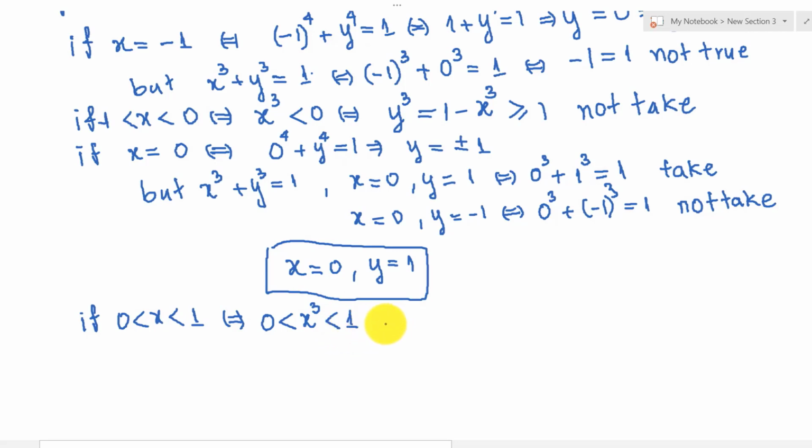Okay, then we get 0 is smaller than y^3 and smaller than 1, because if x^3 + y^3 is equal to 1, so this is smaller than 1 and this is smaller than 1. From this it means that 0 is smaller than y and y is smaller than 1.